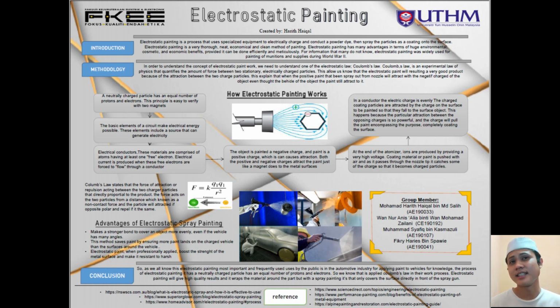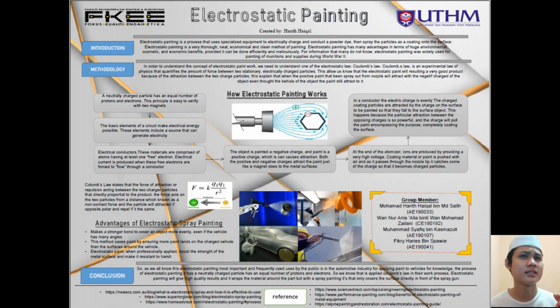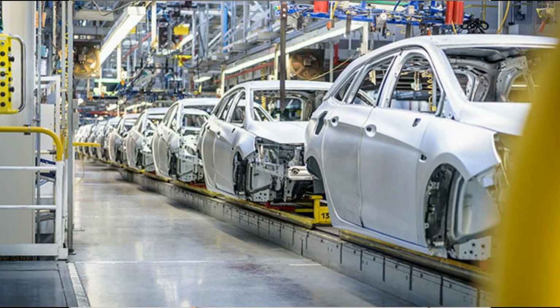We can see that it is similar and related to the first chapter of this subject, which is electrostatics. After doing some research about electrostatic painting, I got to know that it is really important and frequently used in the automotive industry for applying paint to vehicles.